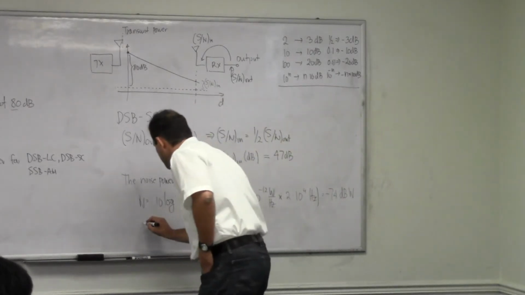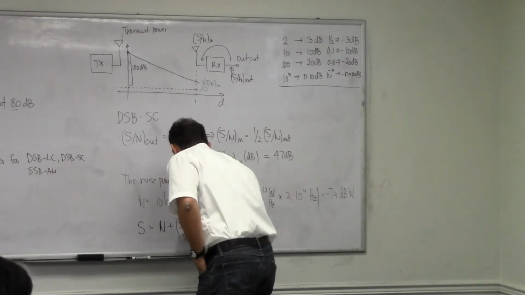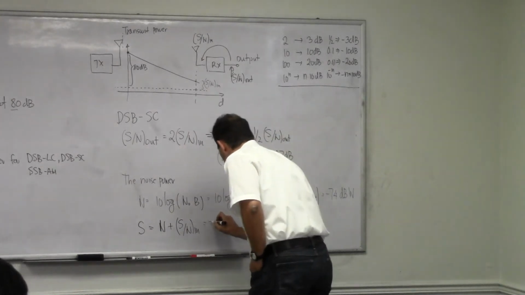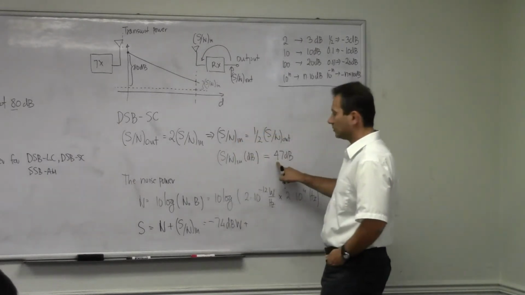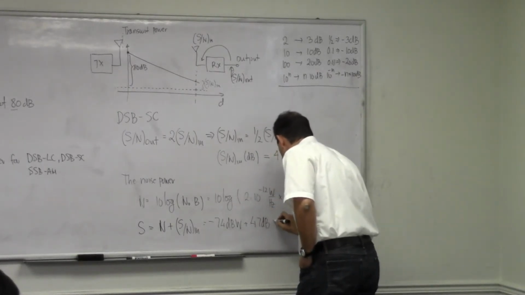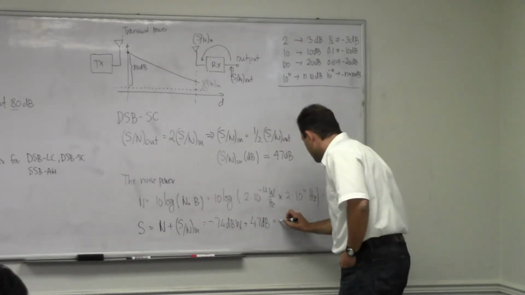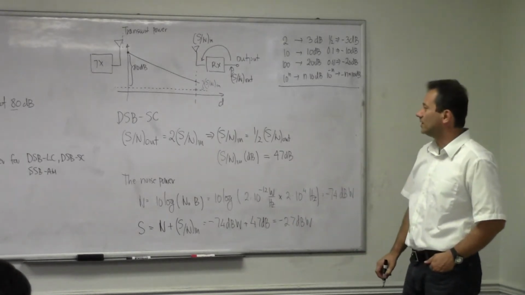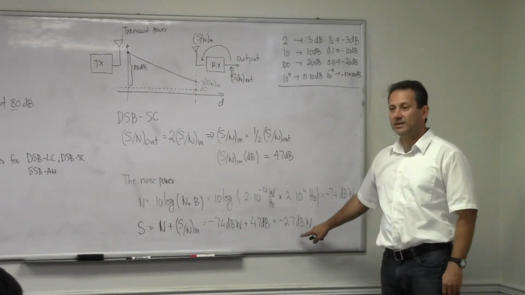Now, what should be my signal power? Signal power is going to be whatever the noise power is plus whatever I require for signal to noise ratio. My noise power is minus 74 dB watt, plus my requirement for input signal to noise ratio of 47 dB. That gives me that my signal at the input of this receiver needs to be minus 27 dB watt. Now let me ask you a tricky question for people that work in propagation and PCS. How many dBm is this?